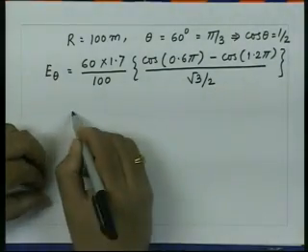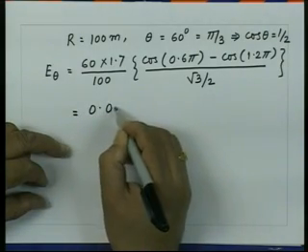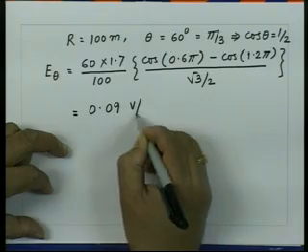Simplifying this, we get the value for the electric field, approximately equal to 0.09 volts per meter.